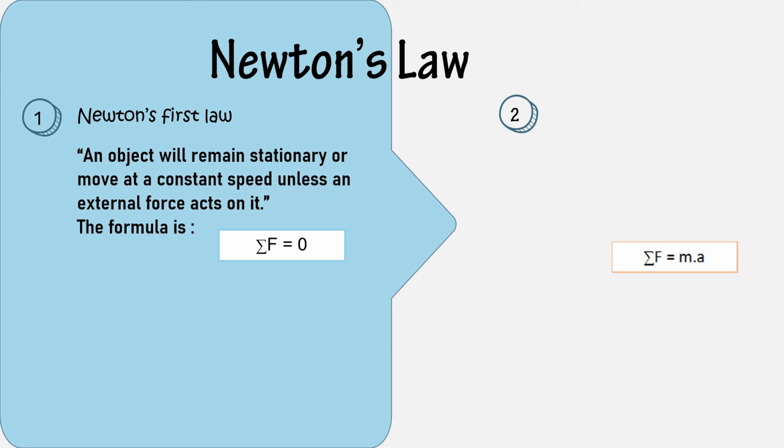The formula is sigma F equal to 0. For example, if we have a table in the stationary position, the table will stay stationary, or it can move only when there is a force that acts on the table.